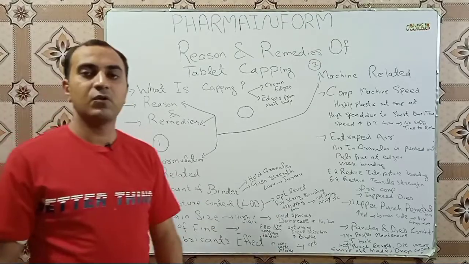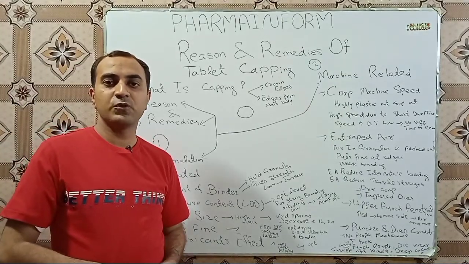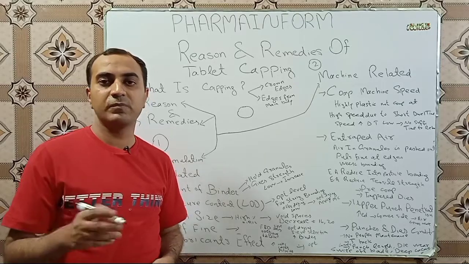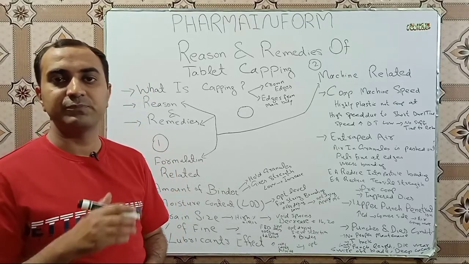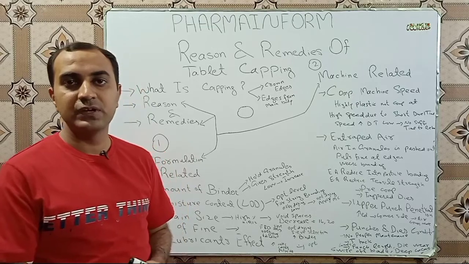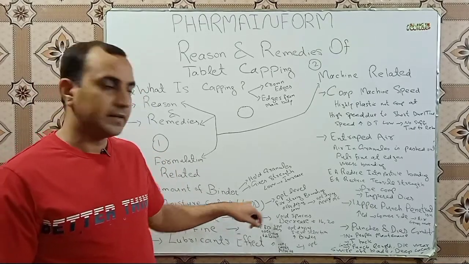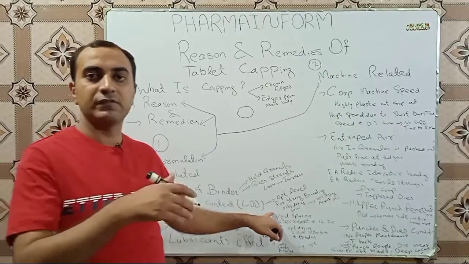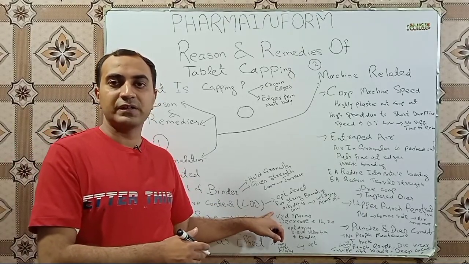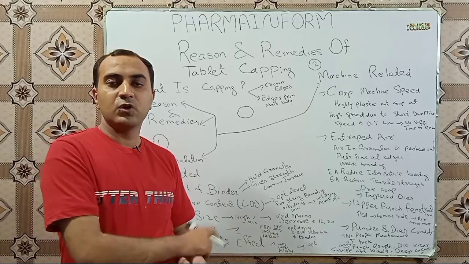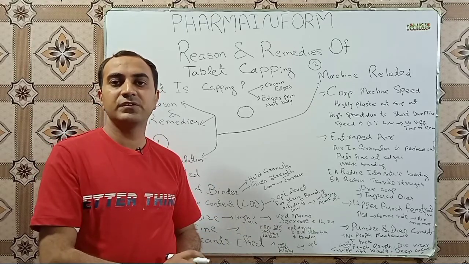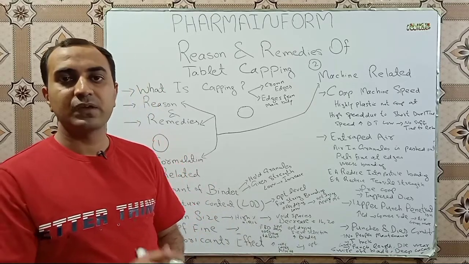Moisture content or LOD. What is the role of moisture content? As we know that optimum level of moisture content is always maintained in granules. So if moisture content is very low in our formulation or in our product during wet granulation, the low level of moisture content is the main reason of tablet capping.